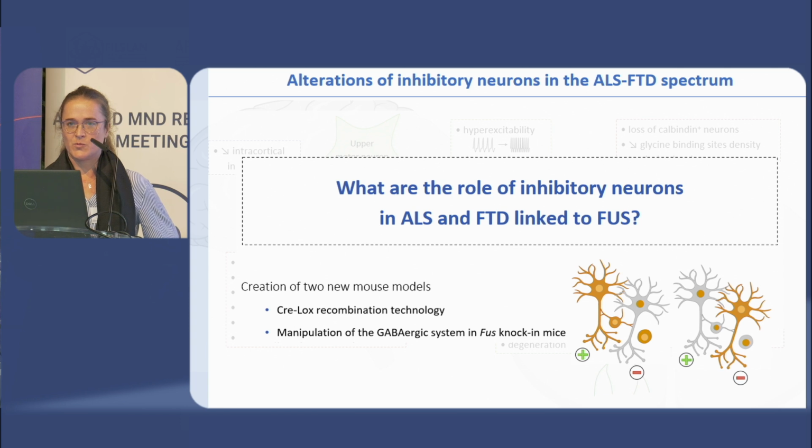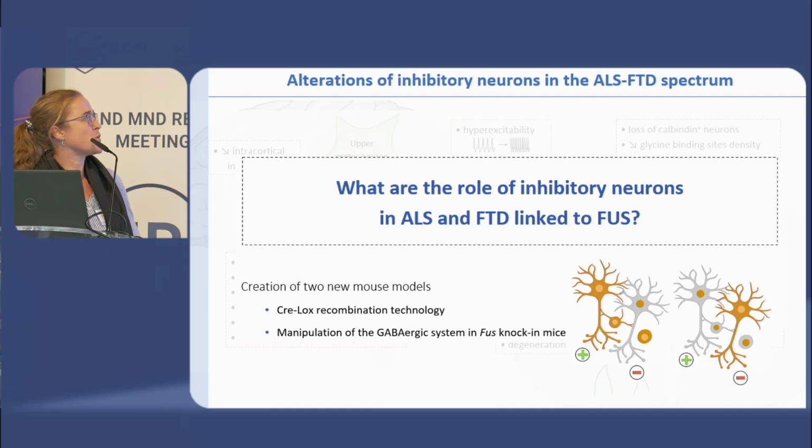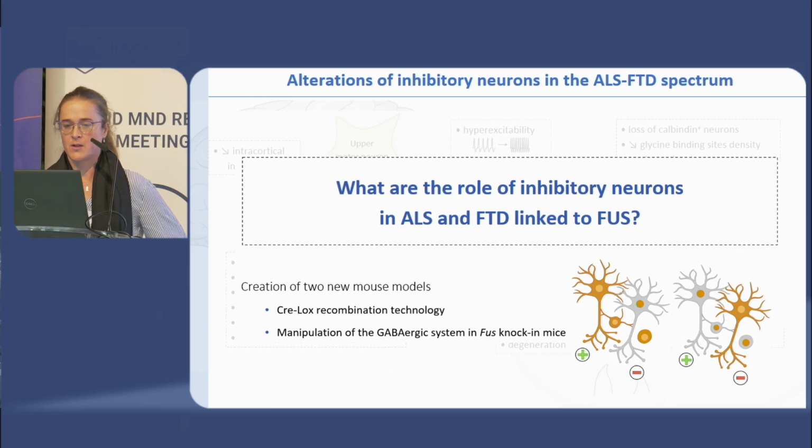So we were there at the onset of the thesis, and we decided to study more precisely the role of inhibitory neurons in ALS associated with FUS by creating two new mouse models using the Cre-lox recombination technology and the loxP system.